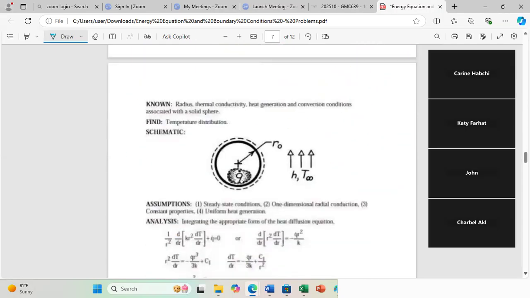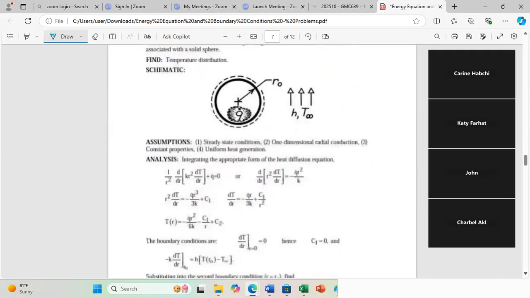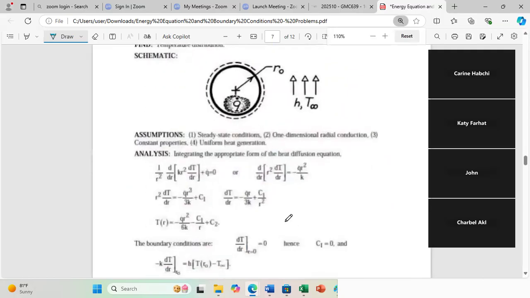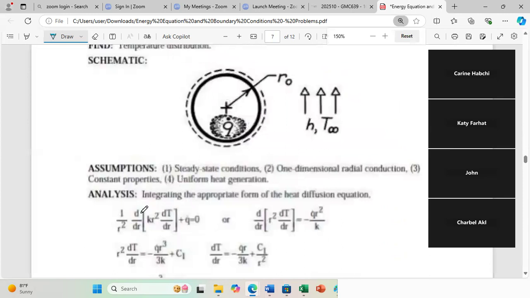As we said, the first step will be to find the expression of our differential equation. So as we said, after simplifying, we end up with the following relation. Okay. Now we need to integrate it twice. So we take Q dot first to the other side.